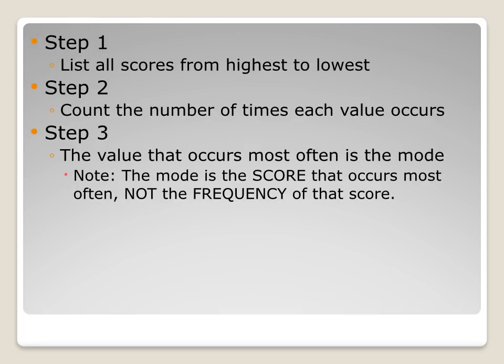The mode doesn't have a symbol associated with it. So in this case, you would just use mode is equal to, and then write the number after that. There's no symbolic notation to represent mode. Note that the mode is the score that occurs most often, not the frequency of that score.